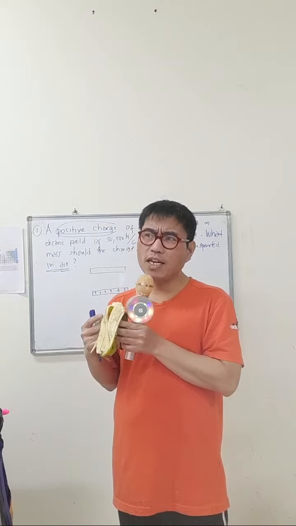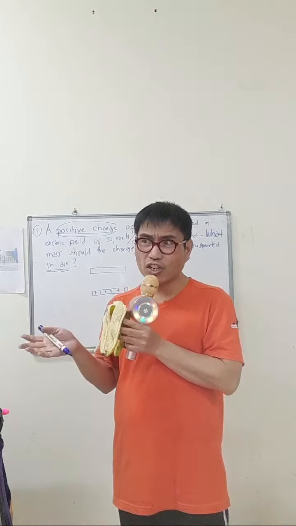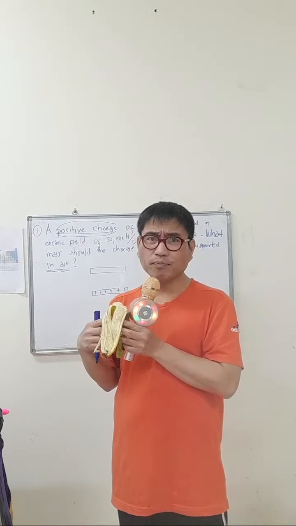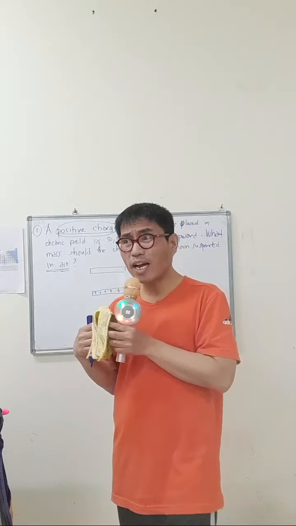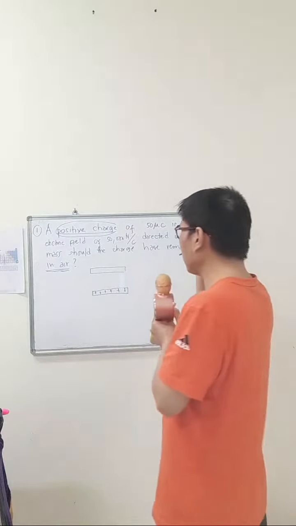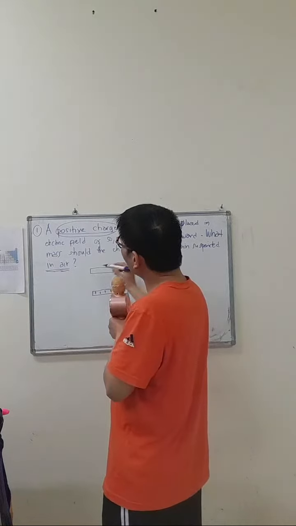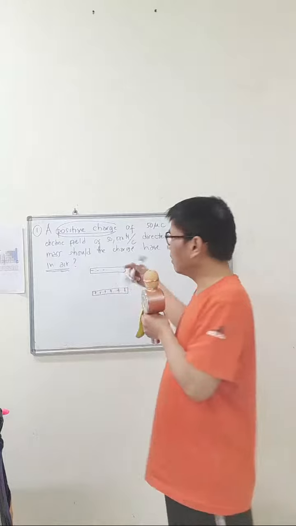In every interaction, there must be an equal and opposite reaction, like that. Get the point? This is the third law of motion. Okay, and then we have the negative here, so that we have the opposite.